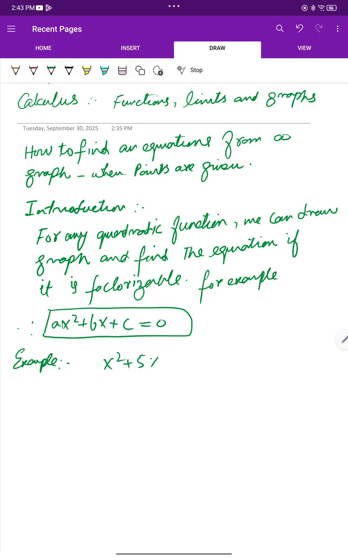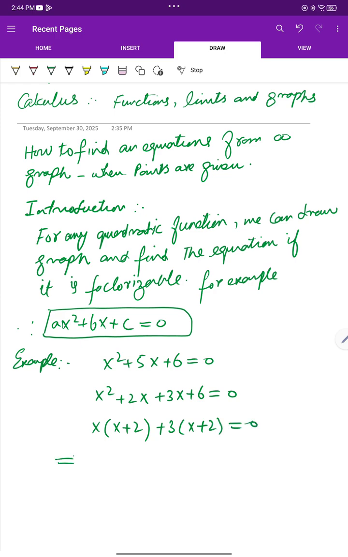x squared. So this is a general form of the equation.